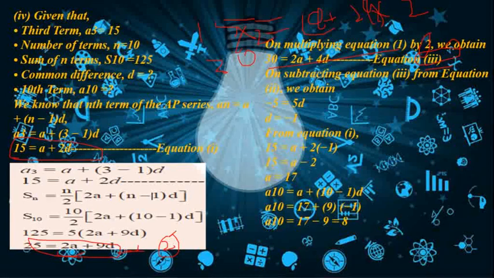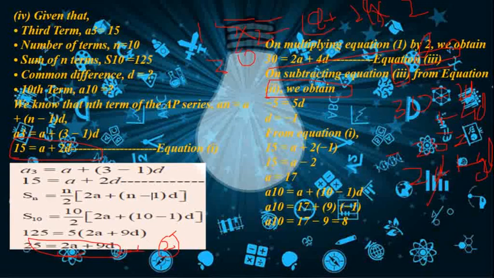Now subtract equation number 3 from equation number 2. On subtracting, we have 30 is equal to 2a plus 4d, and 25 is equal to 2a plus 9d.